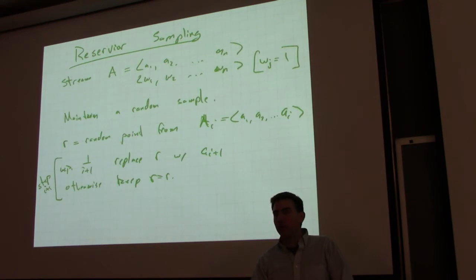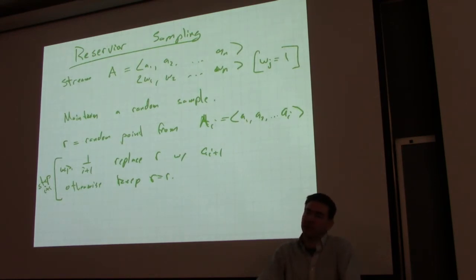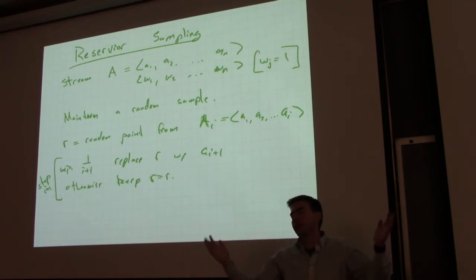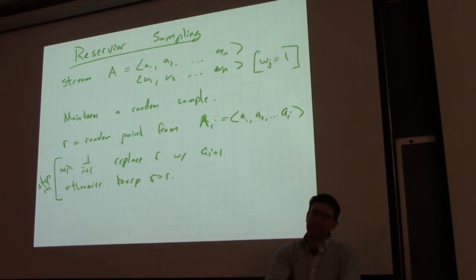So this assumes the order of the stream is adversarial. It could be anything, but this is going to guarantee that what I keep is a uniform random sample independent of what the order was. So it's not biasing towards the things at the front of the stream or the things at the end of the stream.